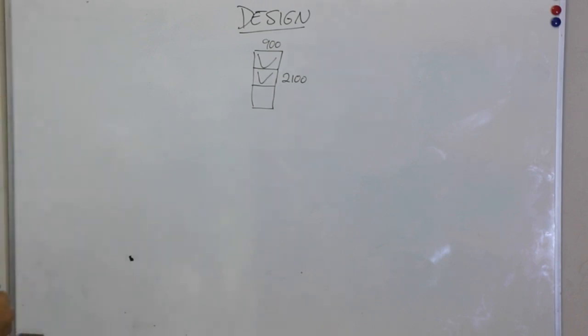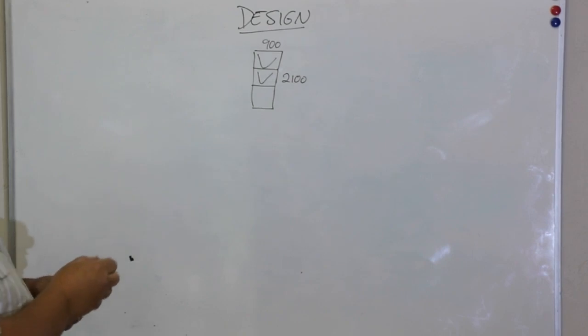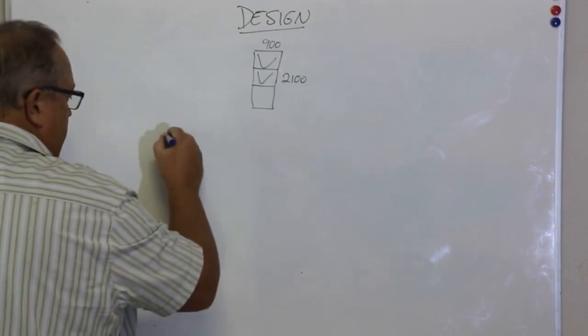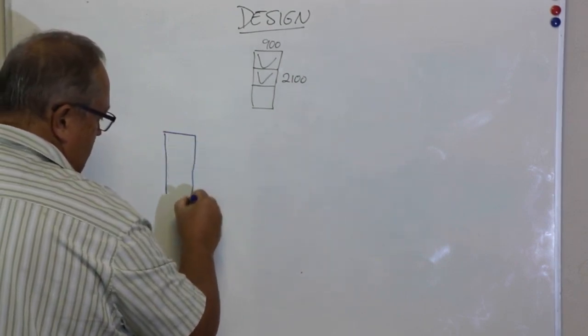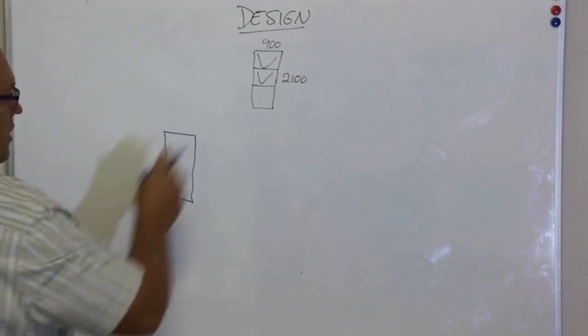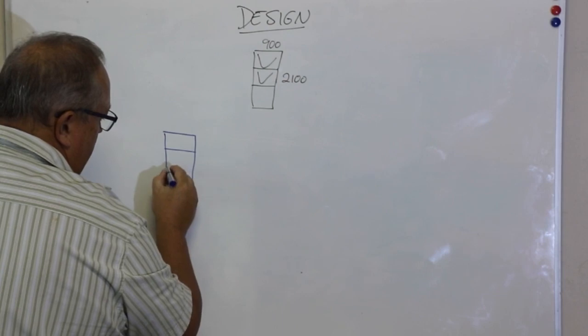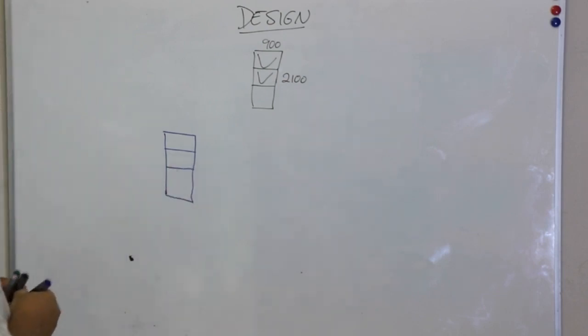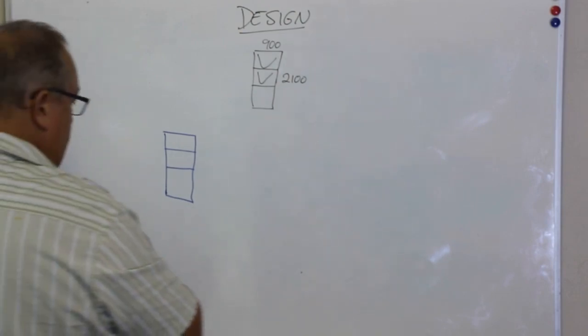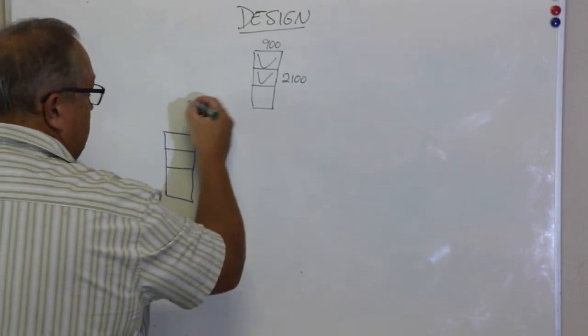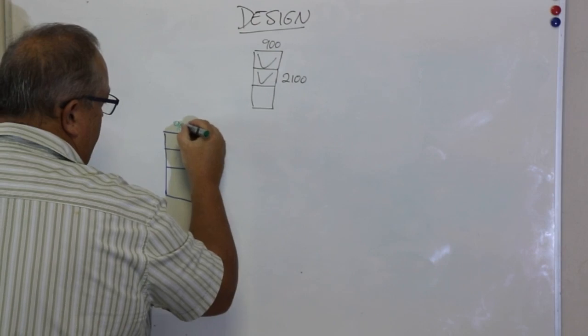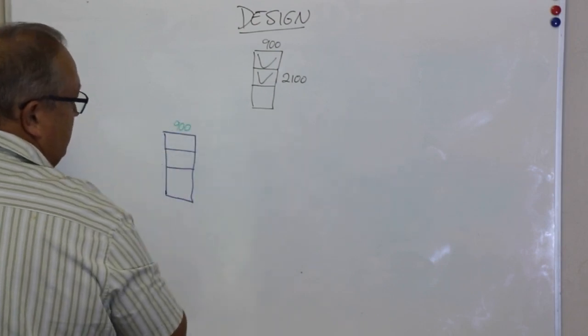Now, if I design that strictly according to the rules in StarFront, I'll get the following. I would say my frame is all the way around the outside. Okay, I have two transoms that run all the way through from the one side to the other, so those two transoms form part of my frame. Alright, I would then enter my dimension X or W1, which is going to be 900, and I would have to specify these dimensions.